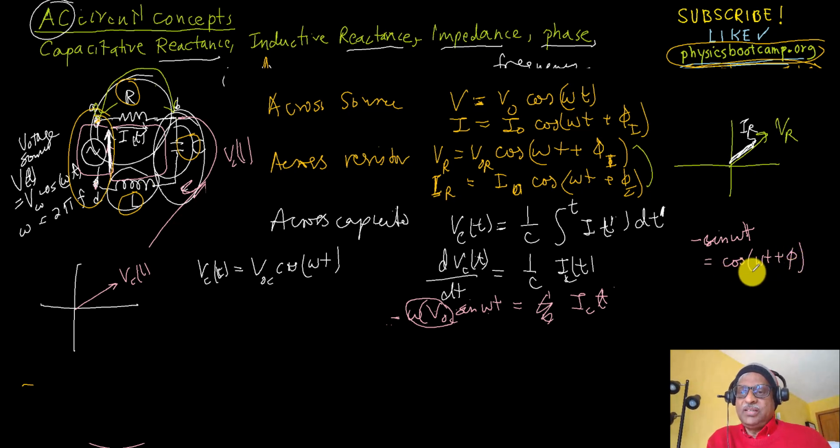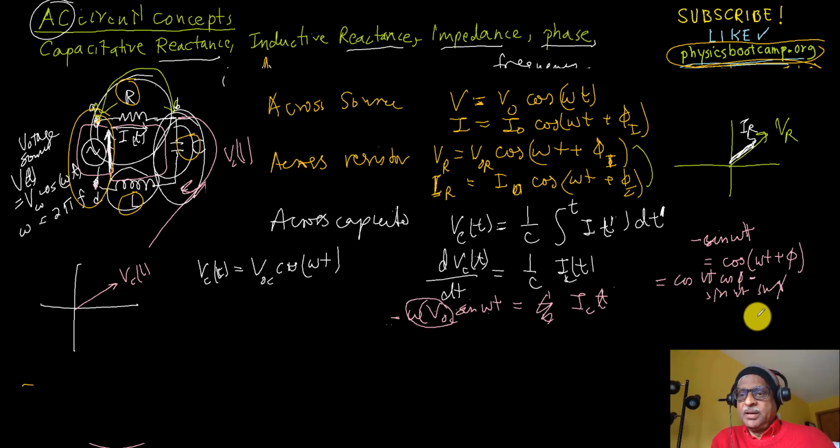You can see that if you expand this, it's going to be cosine omega t cosine phi minus sine omega t sine phi. Today this pen is not really working very well. After today's video, I'm going to change it.